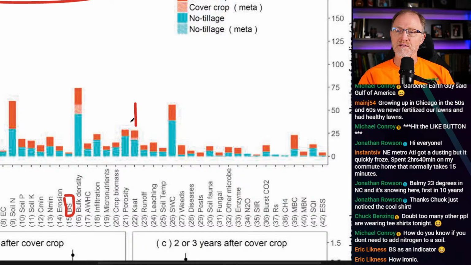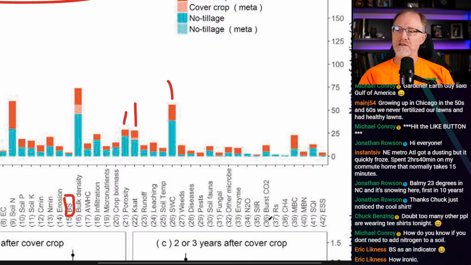It's not on there. Porosity is on the list, but it's not a tier one indicator, also very important. Soil water content, very important. So these are all water related, and they're not even in the tier one indicators. So like I said, you can put all of them in the room and you're never going to have everybody agree on everything. I get that. But to have BS on there and not to have KSAT on there blows my mind.